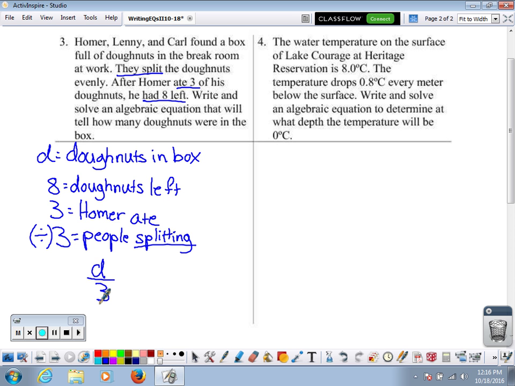Okay, then what happened? Homer ate 3. Okay, what operation is eating 3 donuts? Subtraction. So we've got donuts divided by 3, and we're going to subtract the 3 donuts that Homer ate.